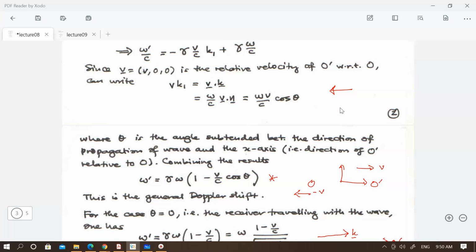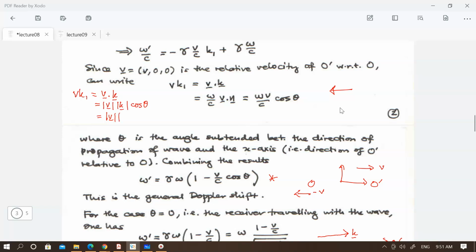So if everyone remembers that this is actually equal to v dot k, so vk1 is v dot k, and if you use the thing that we had in terms of magnitudes, this is cos theta here. Let me just put another step in.